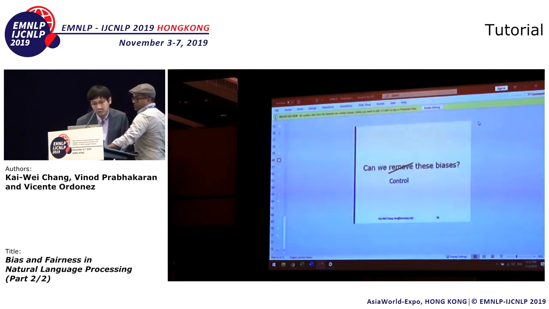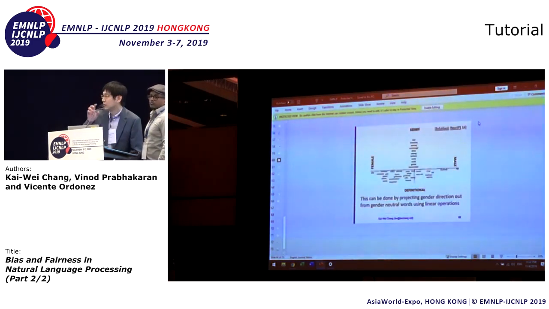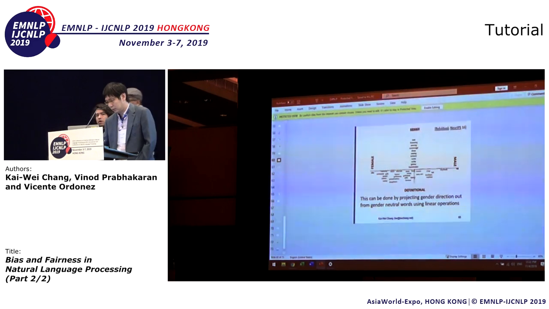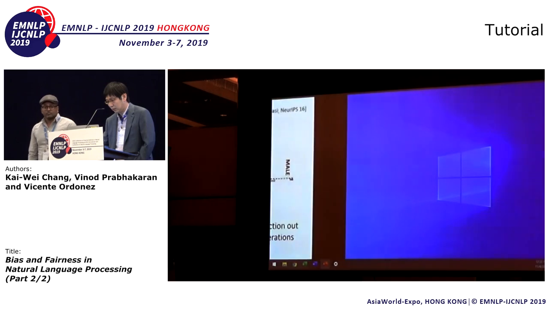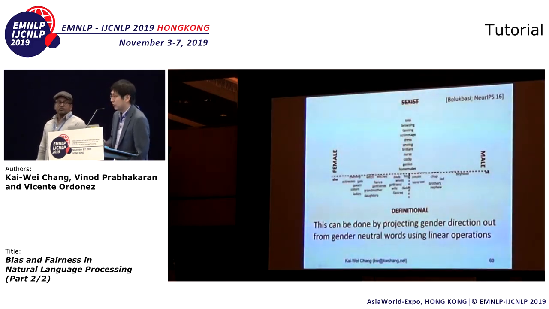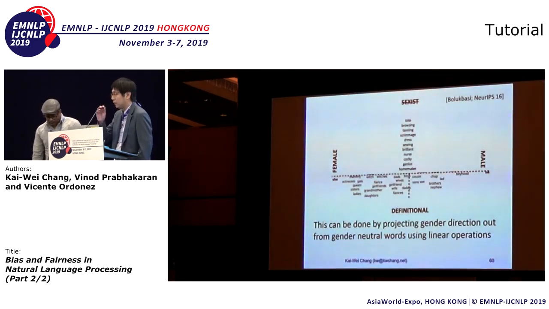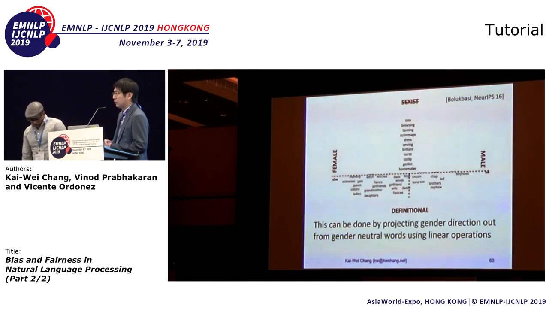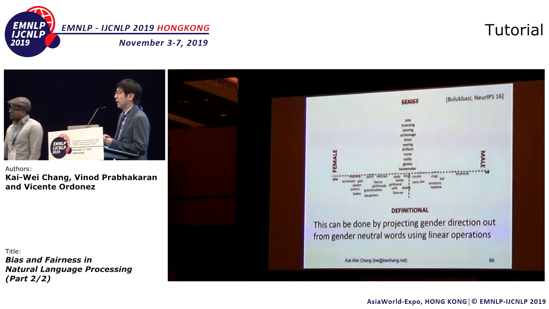It's this one, right? Yeah, exactly. So that is the paper that we had at NeurIPS 2016. What I didn't mention is that in that paper we also tried to train a linear classifier to see if the model can identify whether a word has a definitional gender or just has some gender components.